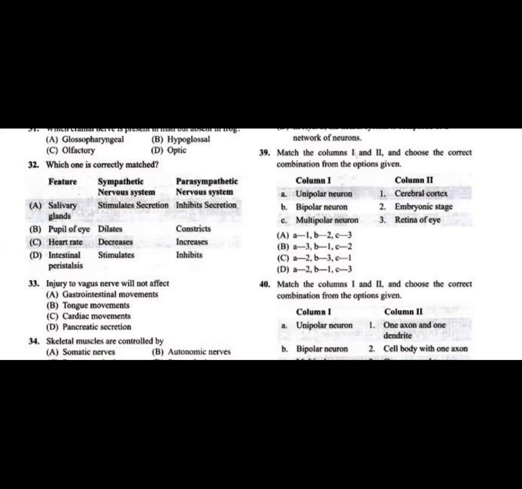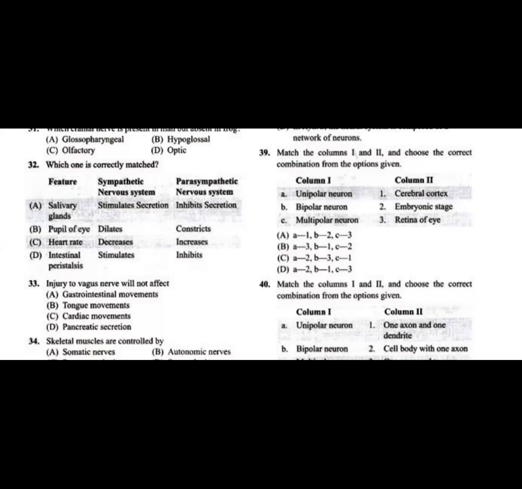Bipolar neuron is a neuron having one axon and one dendrite, present in the retina of the eye. Multipolar neuron has many dendrites and one axon, present in the cerebral cortex. So question number 39, answer is A is 2, B is 3, and C is 1, students. So answer for question number 39 is C.